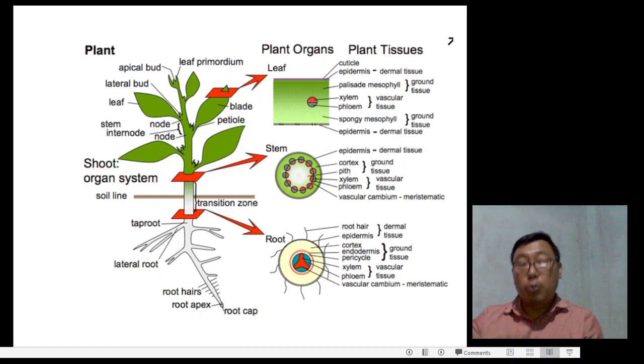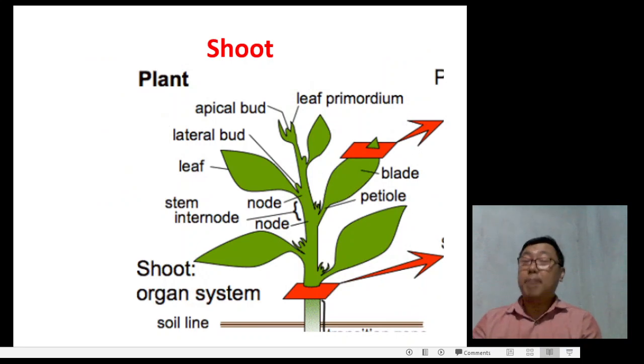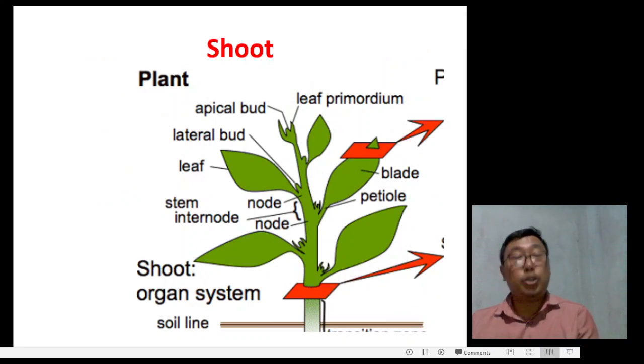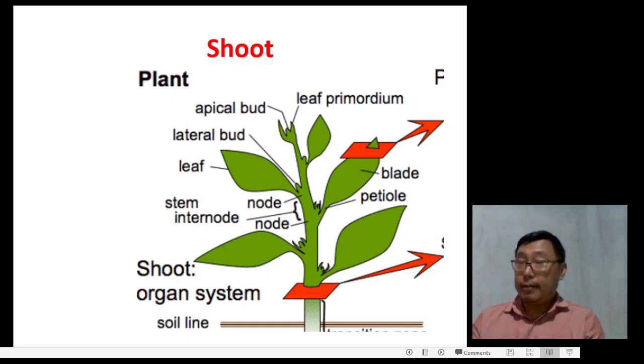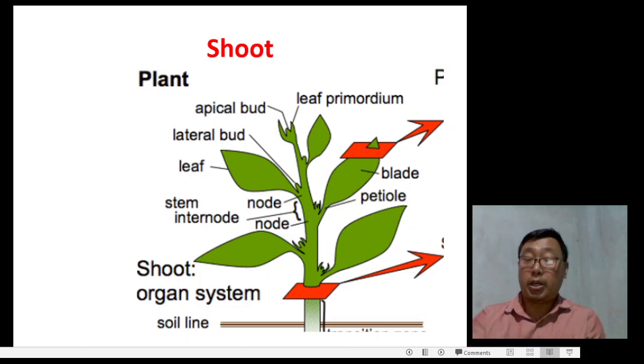And those which are hidden under the ground are known as roots. The shoots may be divided into many different organs or parts. They are like leaf, stem, nodes, internodes, leaf primordia, apical shoot, apical buds, and other things like small buds. So these are shoots.